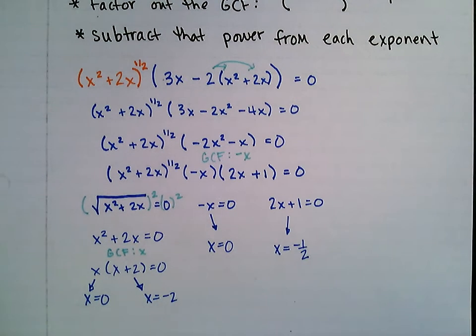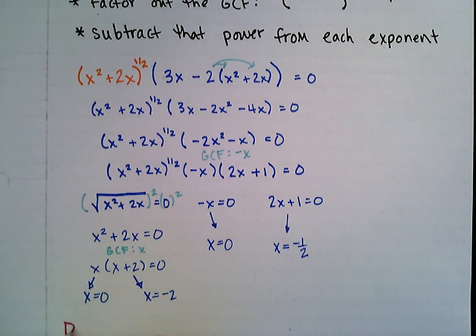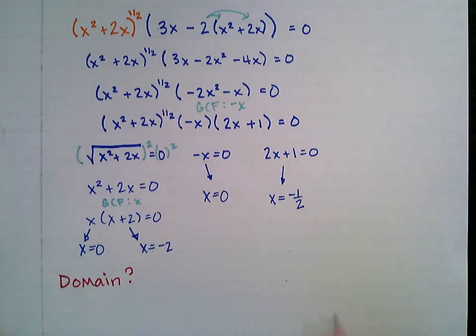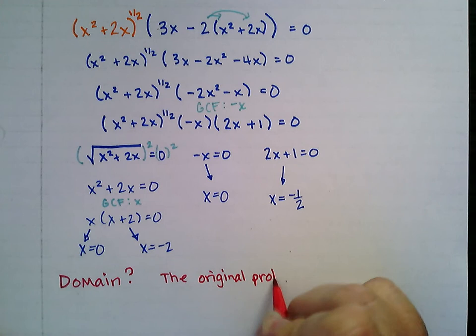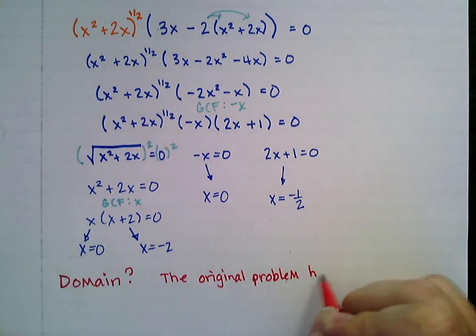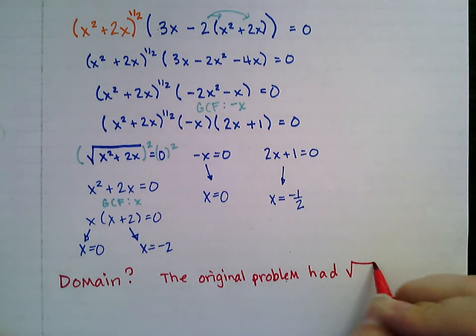Okay, I know what you're thinking. The original problem has a square root in it, so we have a domain restriction. I'm sure that's what you were thinking. Do we have domain issues? Yes. The original problem had a square root.